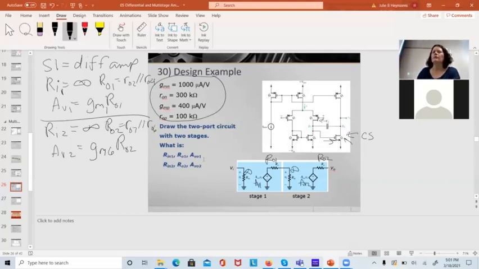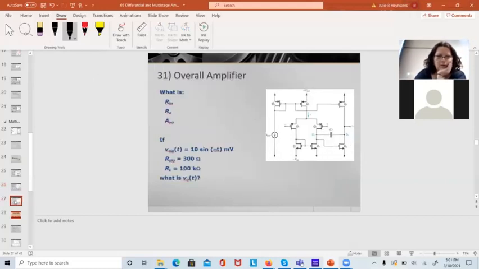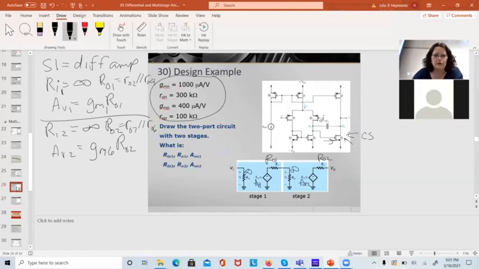Can it drive the load that I want it to? It's like the most common problem I've seen anywhere with students and with young engineers. They don't think about the output resistance. So we want to figure out what is the overall RN, RO, and AV0.